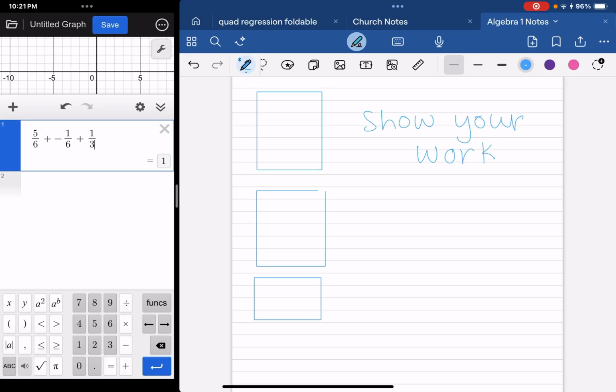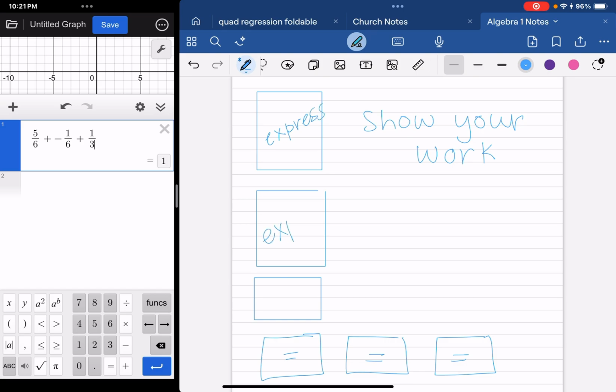On the bottom half of your paper, you're going to put all of the equations, meaning they will have an equal sign. Okay, and you don't know how to solve those yet, so we're going to leave those blank. But the first thing you should glue down is all of your expressions.